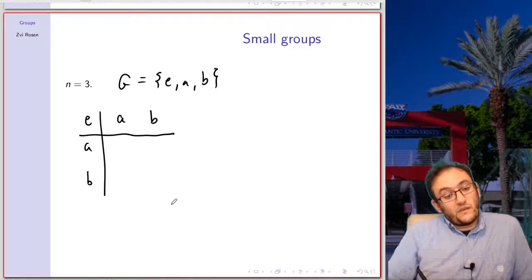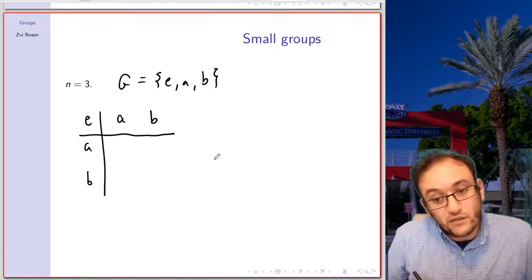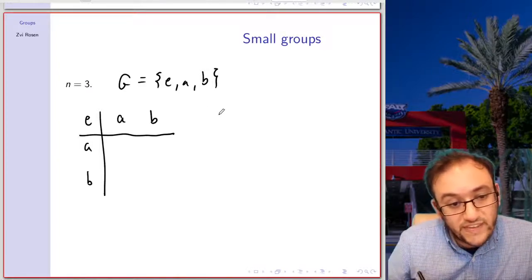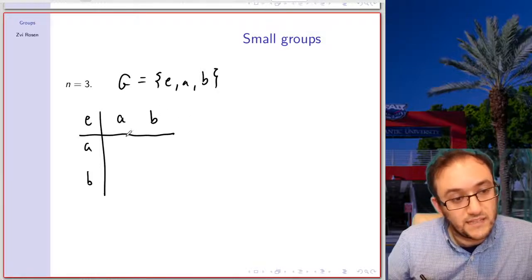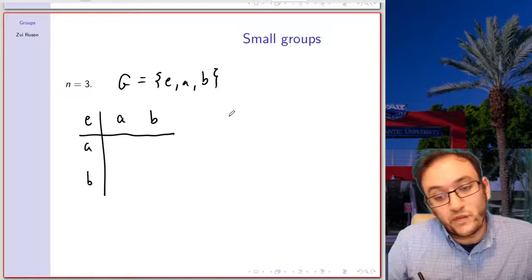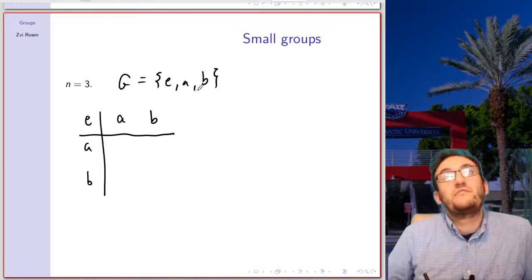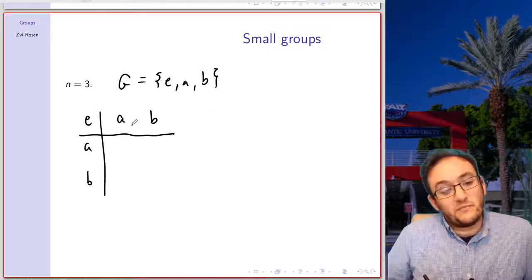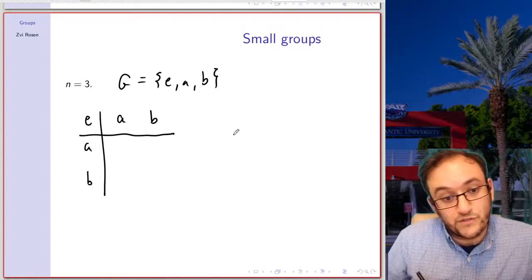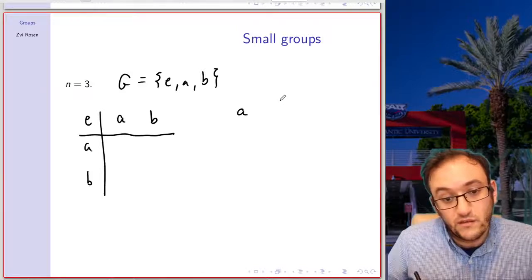So there are two possibilities. Let's think about what these possibilities are. We know that every element in our group has to have an inverse. E is its own inverse.